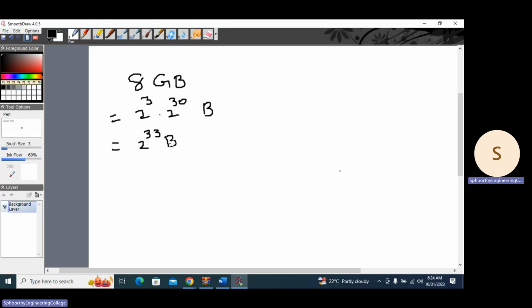I can also write it like this. 2 power 3 is 8, and 2 power 30 can also be written as 2 power 10 into 2 power 10 into 2 power 10 bytes. To make our calculation easy, I can say 8 into, now what is 2 power 10?